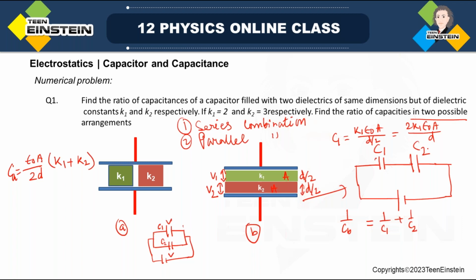Okay. So similarly, C2 will be 2K2 epsilon naught A by D. So I can just directly write it here.